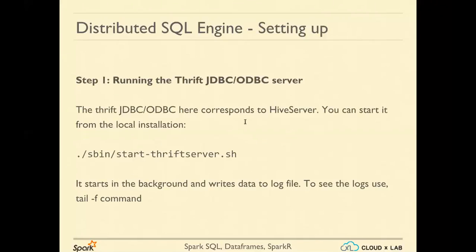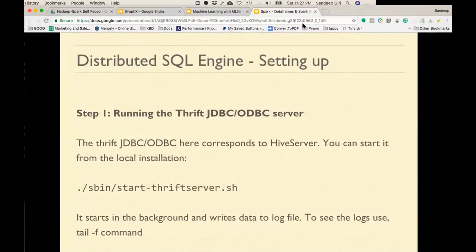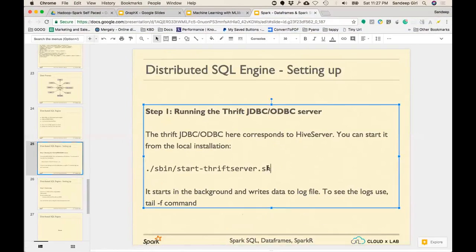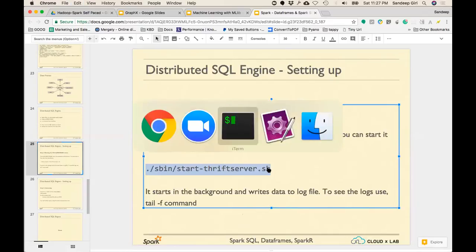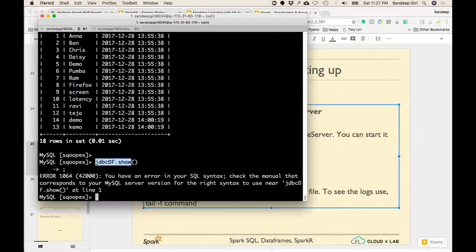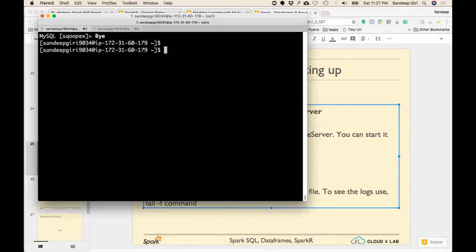This is something you may not be able to do because you require root, which we don't have for the end users. So let me just exit from here. So we are saying sudo, and here we are saying sbin, and then we are saying start thrift server.